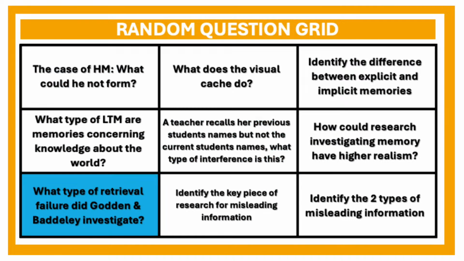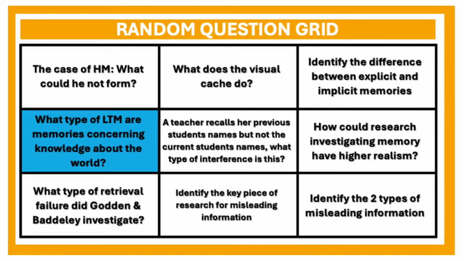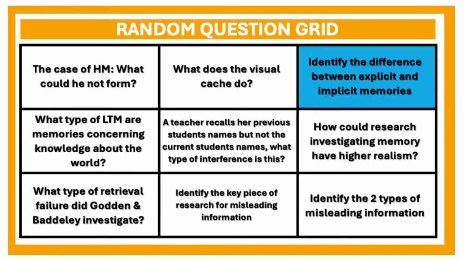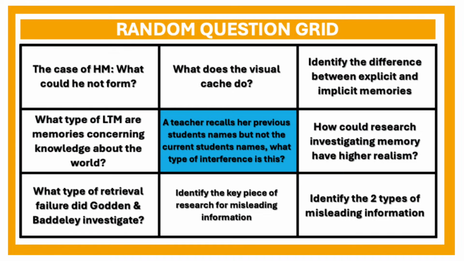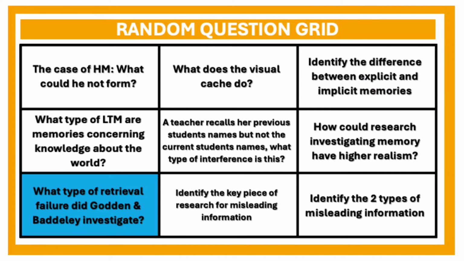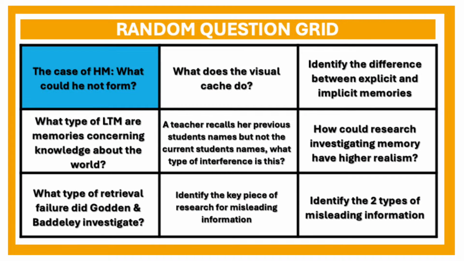Random question grid. Okay, so the blue movement here is going to stop on a question, and you are going to be answering the question in the chat box. So let's go to the first question then. Okay, so the case of HM, what could he not form? The case of HM.